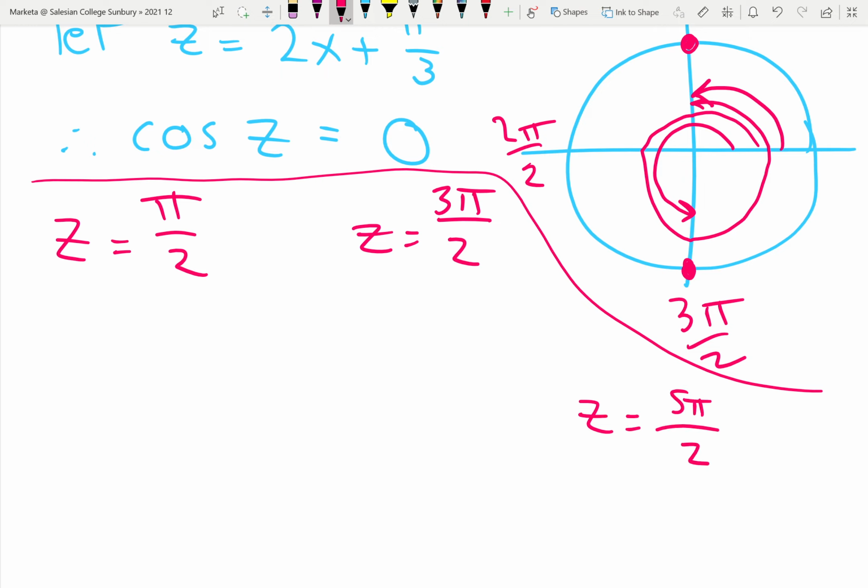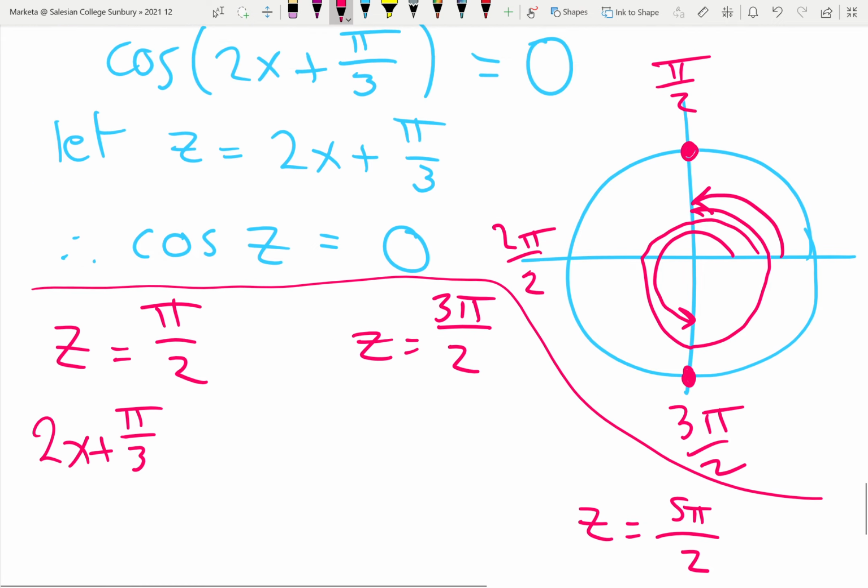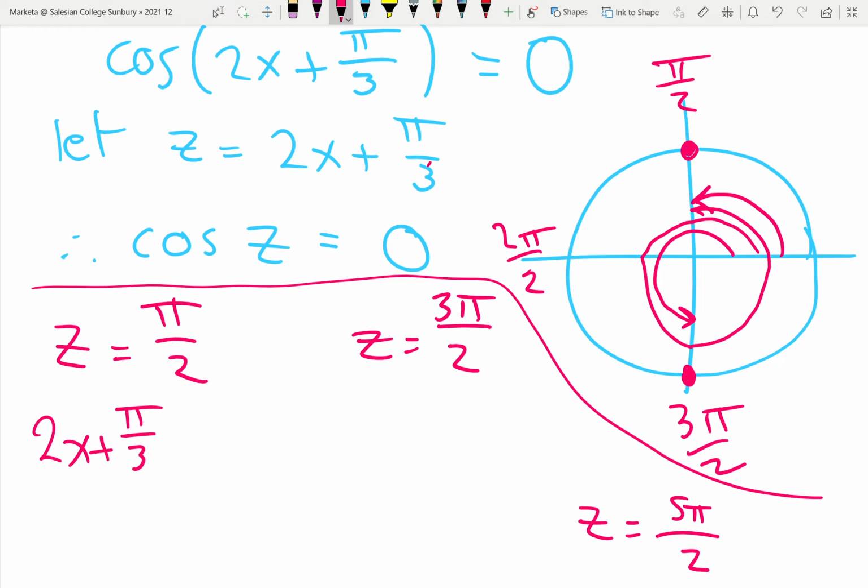So let's see what we get there. Z is 2x plus pi on 3. And look, I might just change this to a 6, and this will be 2 pi on 6, and that would mean this is 3 pi on 6, because then I've got a common denominator.